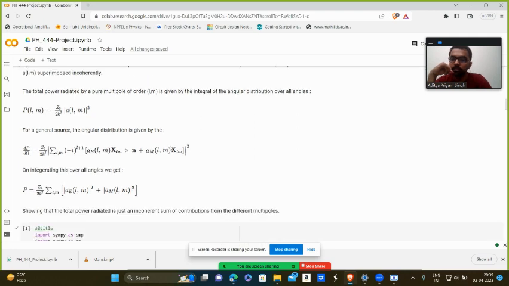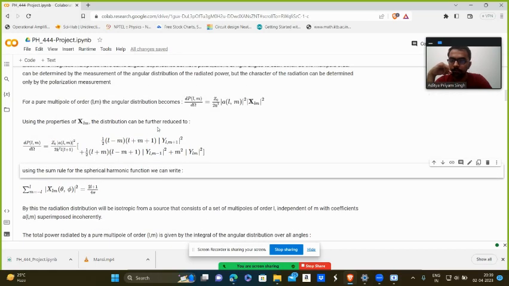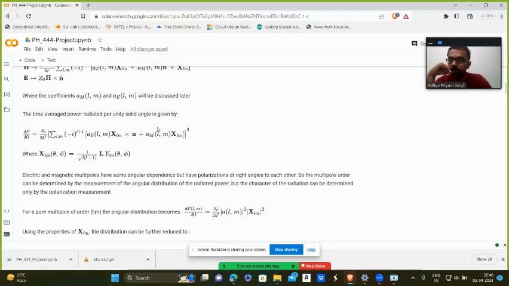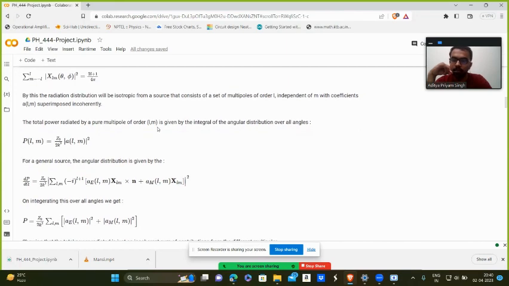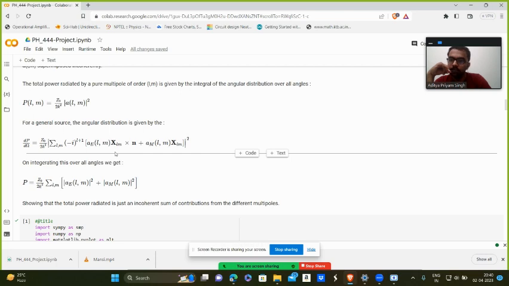So on integration of dP/dΩ over all angles, we'll get the total power radiated as a function of the coefficient A in this form. But this is only for a pure multipole.